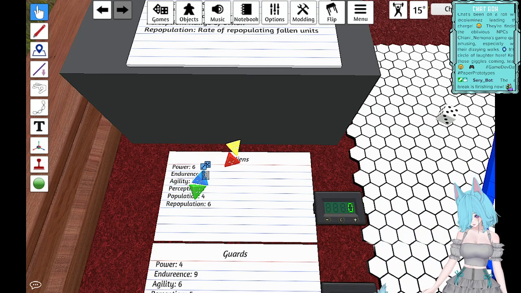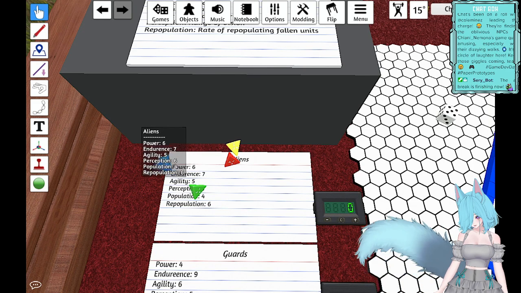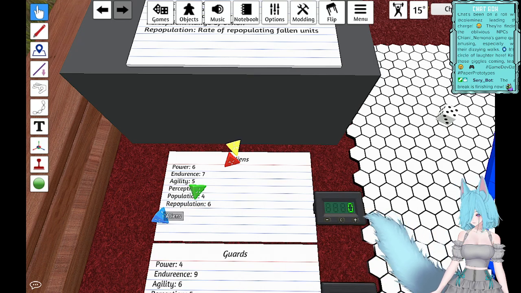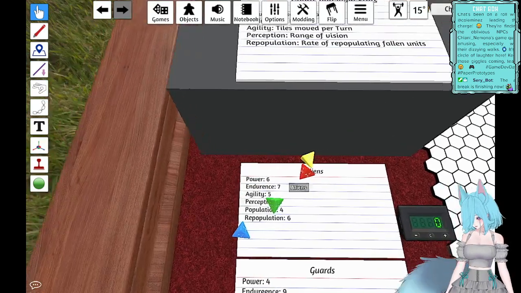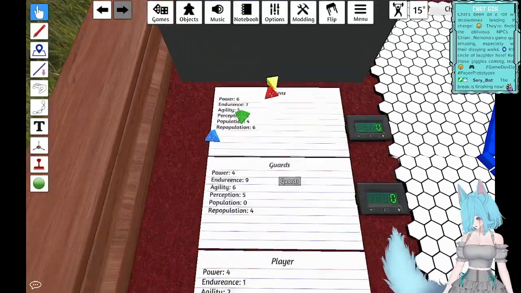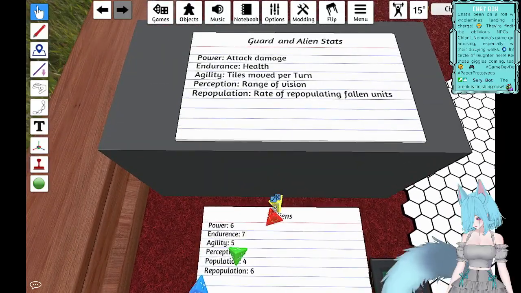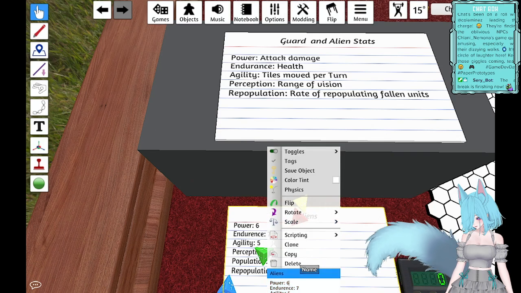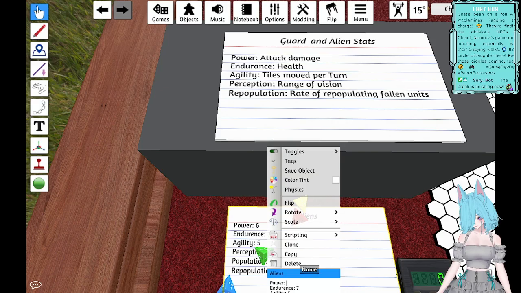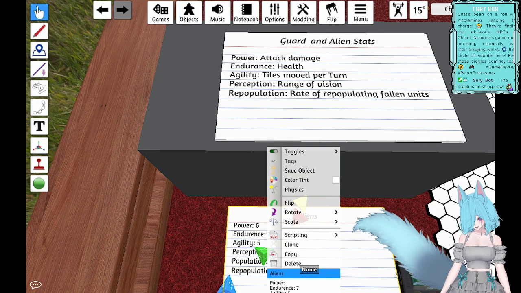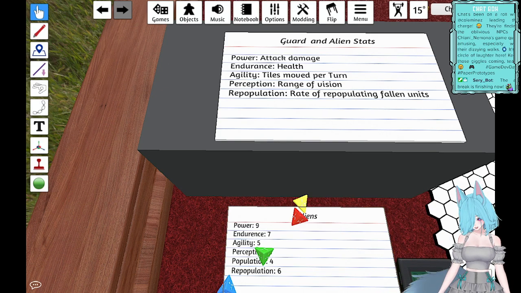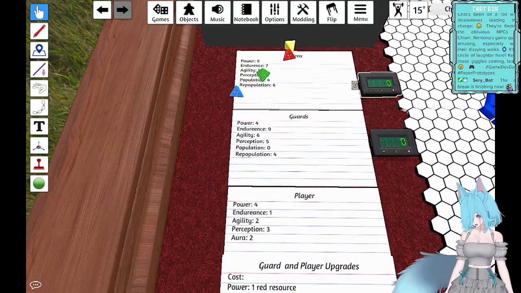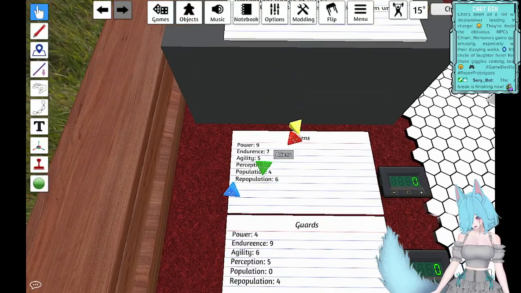But I do think this was a 1, so this does not count. Let's say this is 2. This is fair. Okay. So, 3 power. So, that's 9 power. Very powerful. Though, they still cannot match the endurance of the guards. They can only match it.